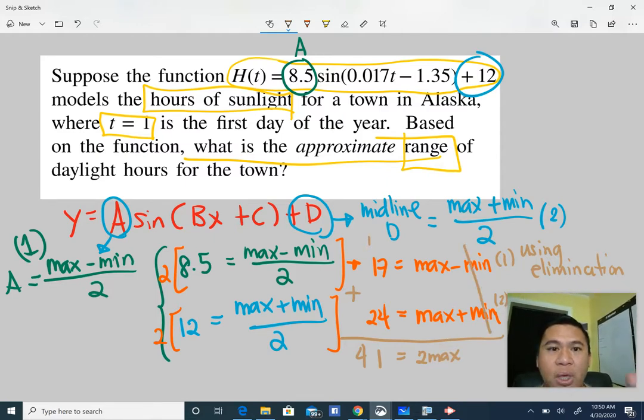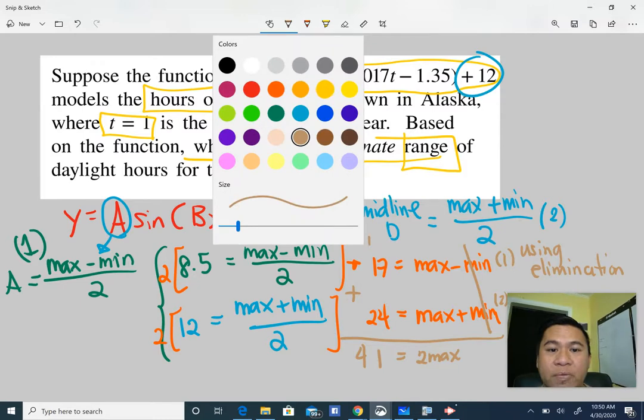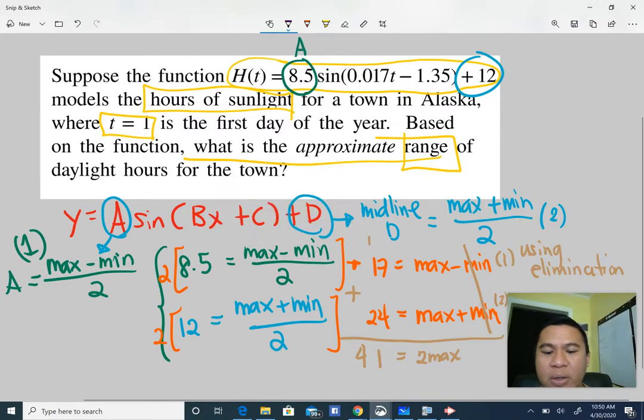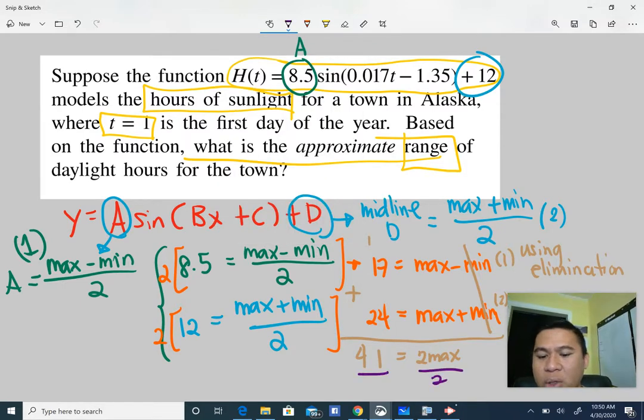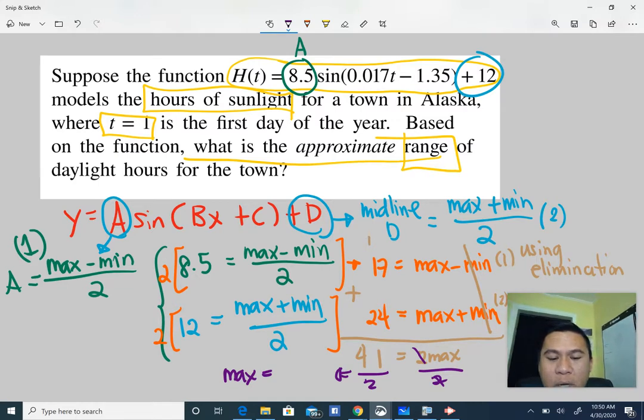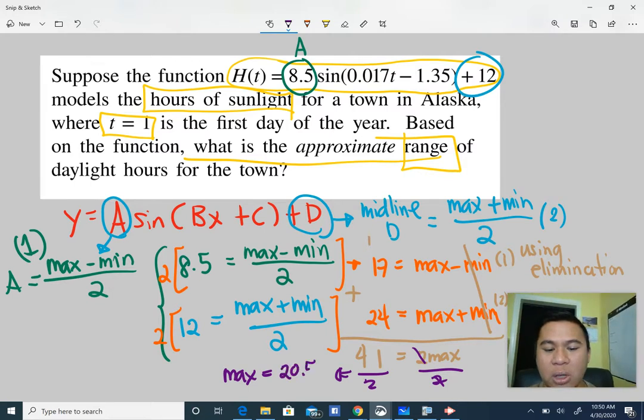To get the maximum value, we can simply divide everything by 2. The 2 over 2 on the right will cancel out, and 41 over 2 can be written in decimal form as 20.5.